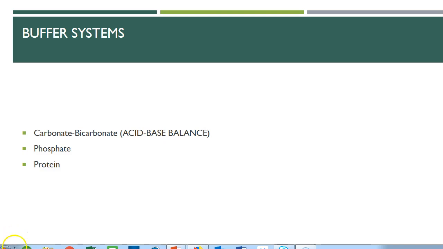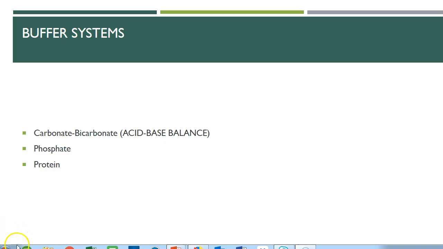So why is it important to know acid-base balances? Well, they will help the healthcare team identify the acid-base disturbance that is going on, and knowing the acid-base disturbance will help us narrow down the causative factor.